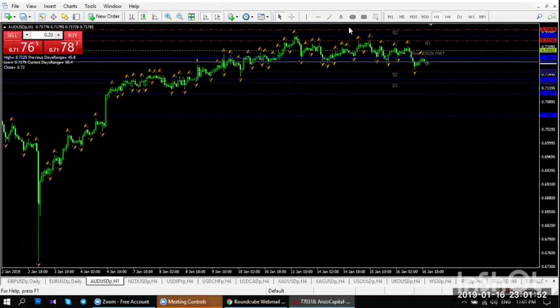Australia on January 15th. Pound January 15th. Gold January 15th. I think 2 or 3 of them are enough.